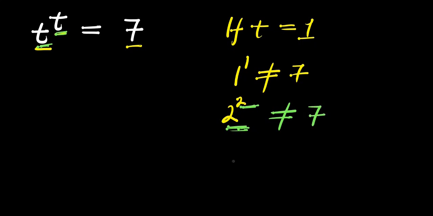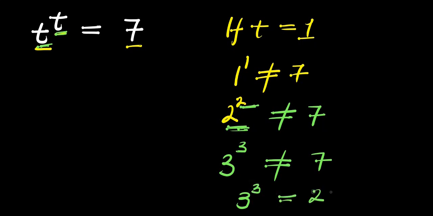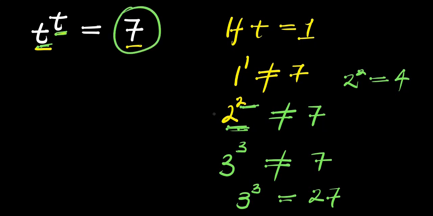Now you proceed to 3. If t equals 3, you are going to have 3 to the power of 3, and this is also not 7. In fact, 3 to the power of 3 gives you 27, and 2 to the power of 2 gives you 4. Now, what number are we looking at here? We are looking at 7.